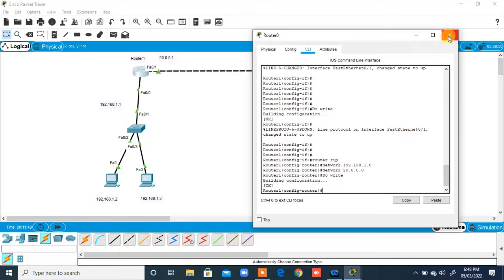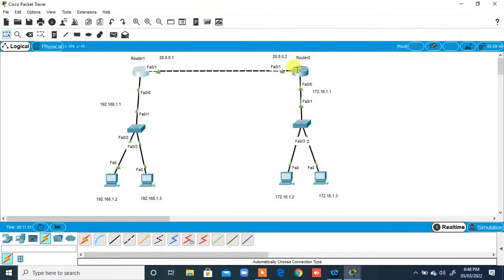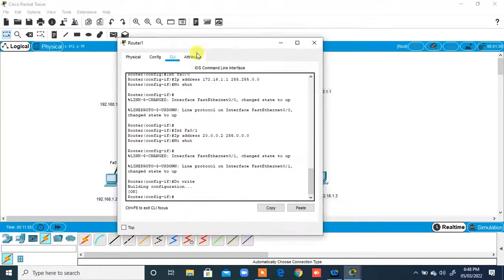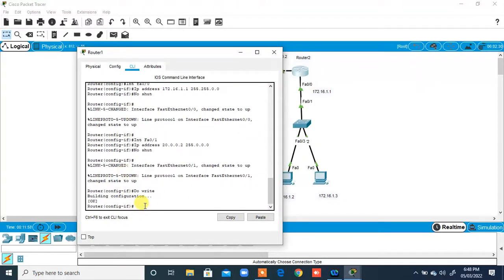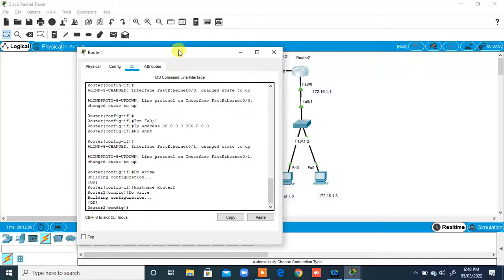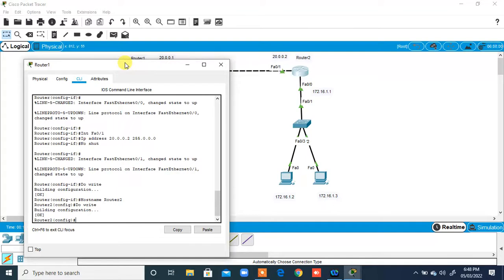The configuration is saved. Now let me go to my other router, that is router 2. Let me rename this also with hostname. This is router 2. Now we are going to do the same thing.